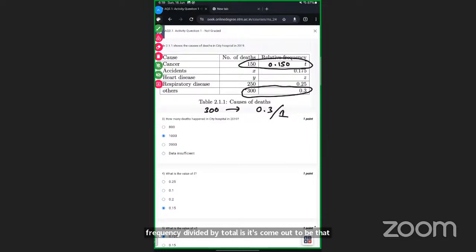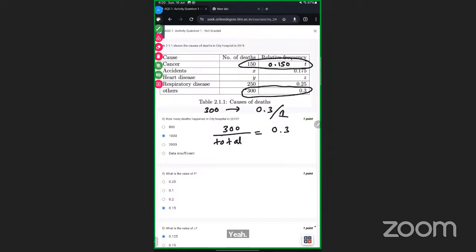So 300 divided by total comes out to be 0.3, and we can find the value of total, that is 1000. So 300 by total is coming out to be 0.3. So what is total?